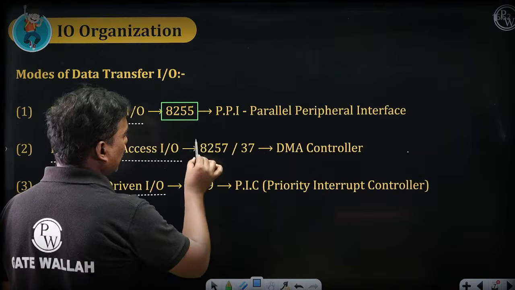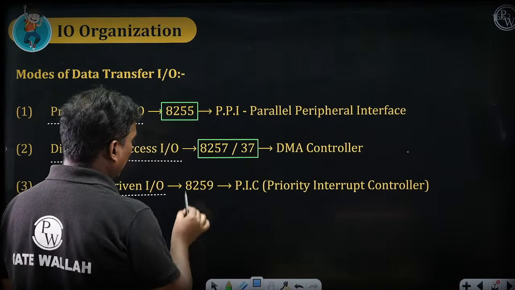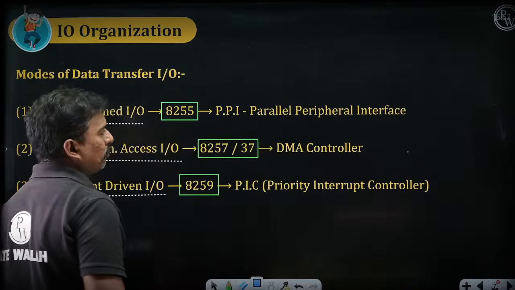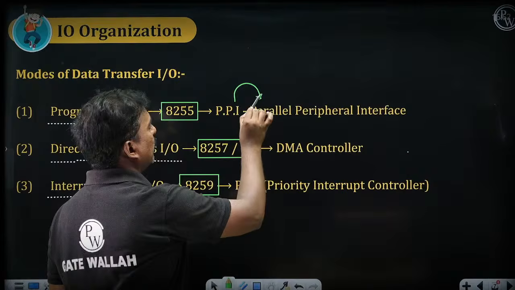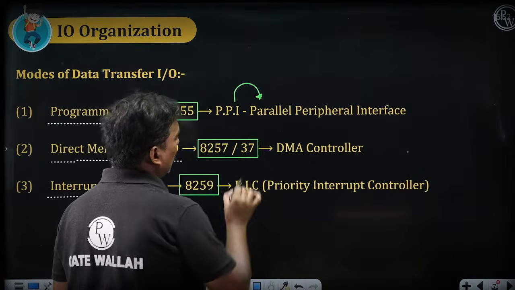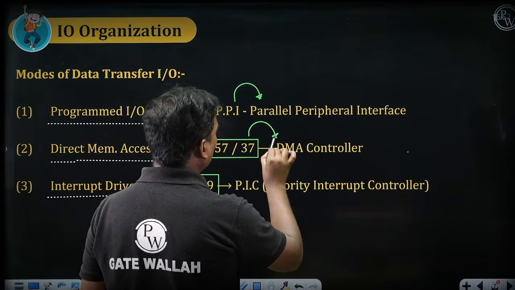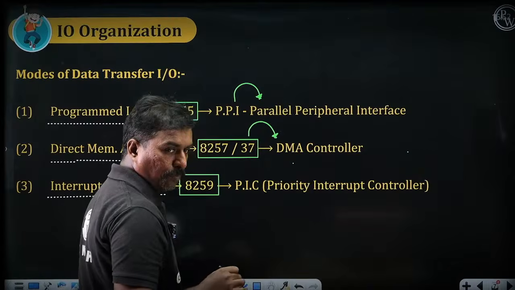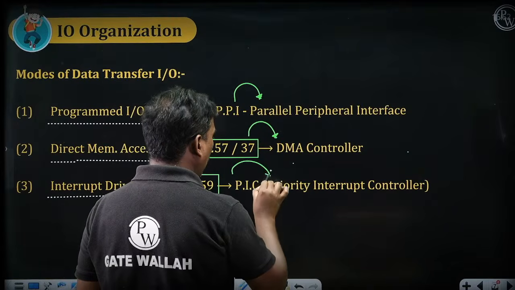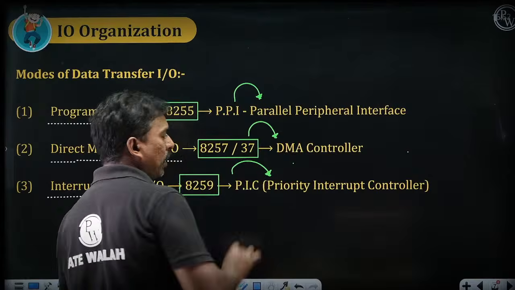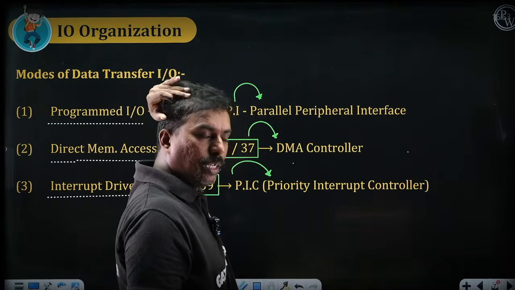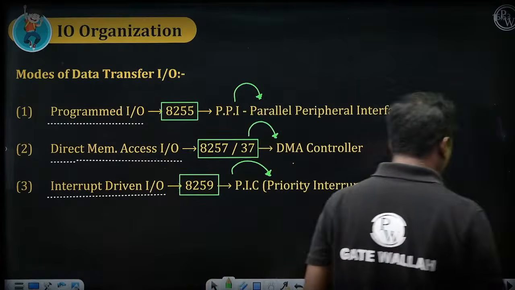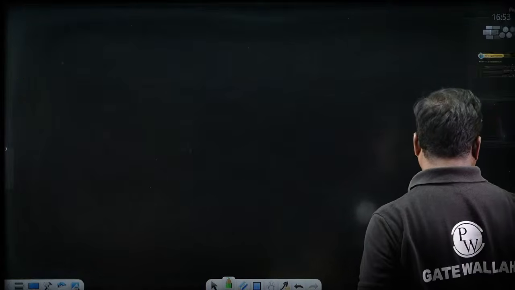Direct memory access is supported by 8257 or 8237, the DMA controller, and interrupt driven IO is supported by 8259, called the Priority Interrupt Controller, PIC. Please make a note of these points. We'll see step by step how they work.